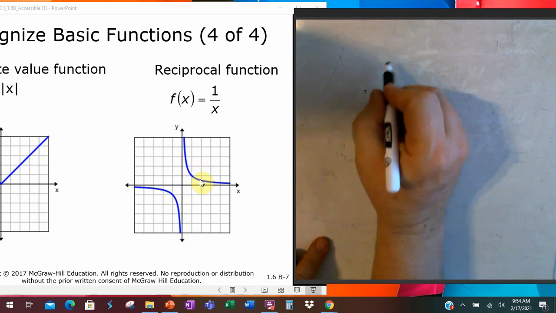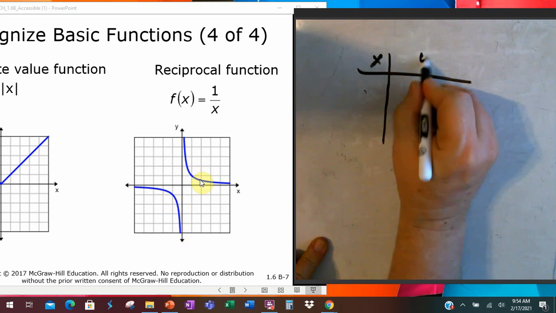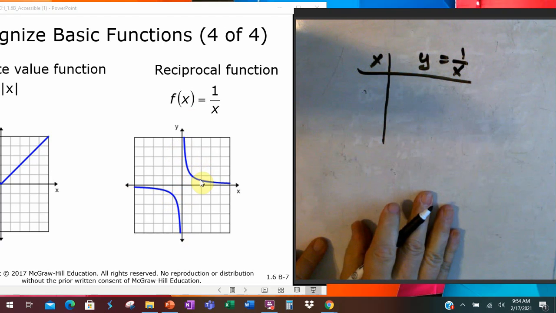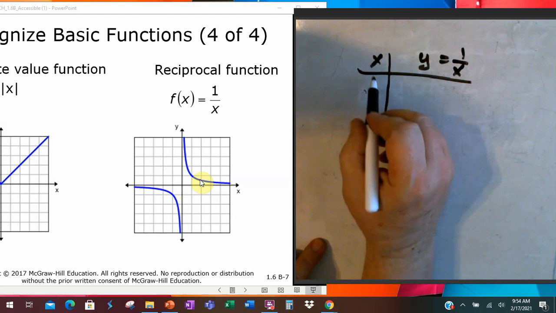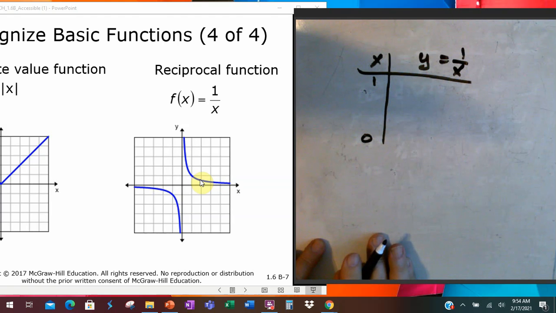And that's where I want to start explaining it a little better, okay? I'm going to build a plot of that one. Here's my x's, and here's my y is equal to 1 over x, okay? I'm going to build smaller and smaller numbers from 1 down to 0, okay?